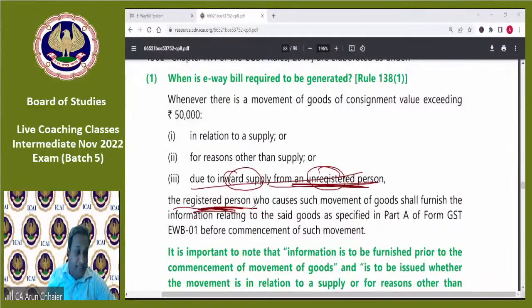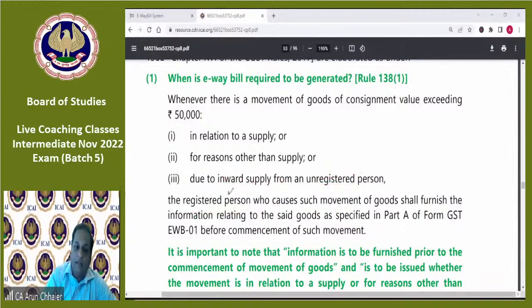Therefore, if the supplier is unregistered, then he will not generate the e-way bill if the recipient is registered, because rule 138.1 has made it clear that if it is a purchase from an unregistered supplier and the recipient is registered, the registered person will generate the e-way bill.